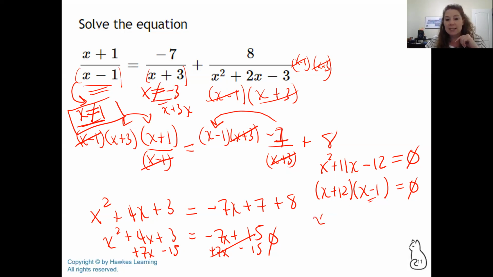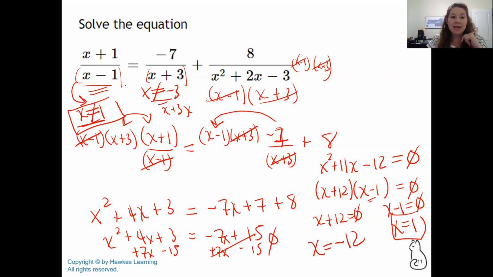So when I said x plus 12 equals 0, we're good, because I would subtract 12 and I would end up with x equals -12. However, if I said x minus 1 equals 0, and I add 1, I would get another answer of 1. Well, if you put that in MyOpenMath, it's going to tell you you're wrong, because +1 is a restriction. So that goes out the window. The only answer is x is equal to -12.